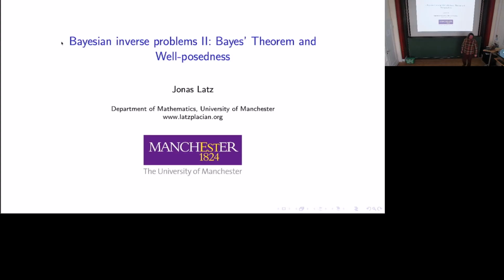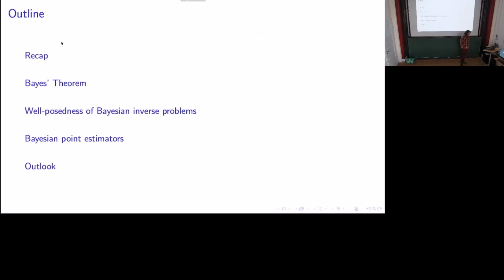Exactly, we're back for part 2, and what I hinted at in this morning's chapter was that we were talking about this thing called Bayes' theorem that allows us to go from prior to posterior after we receive data. Then we talk about well-posedness of Bayesian inverse problems, because that's what I know a lot about.